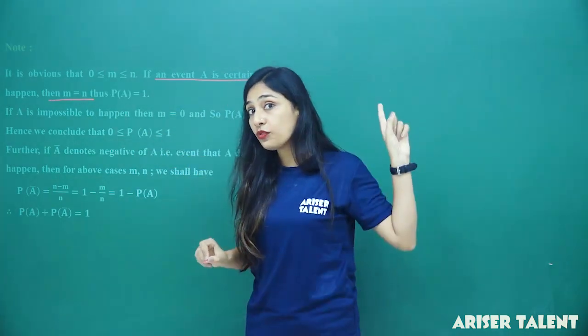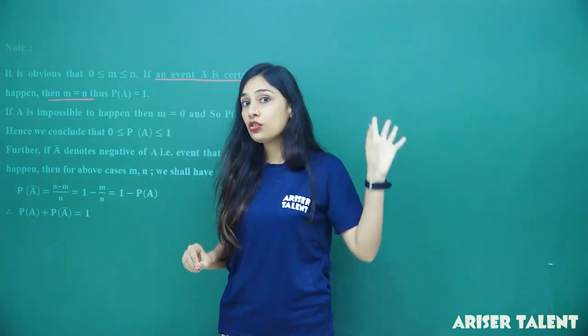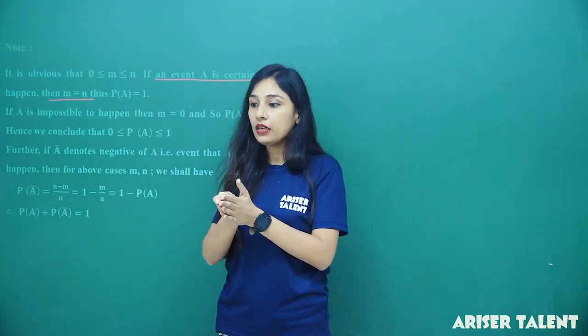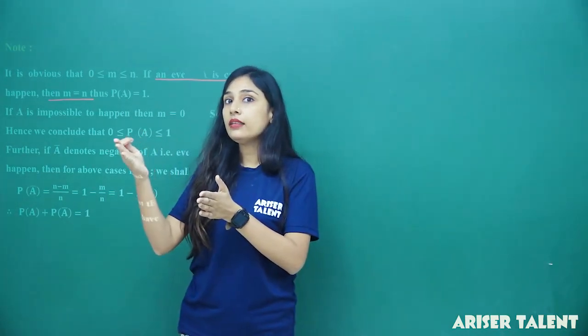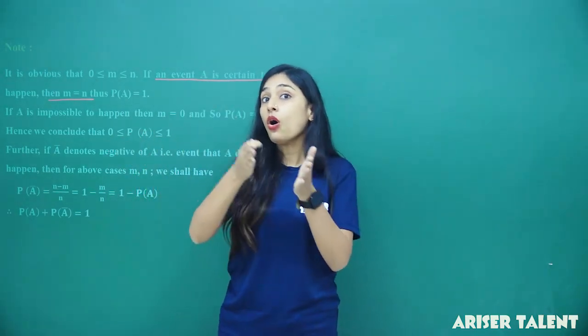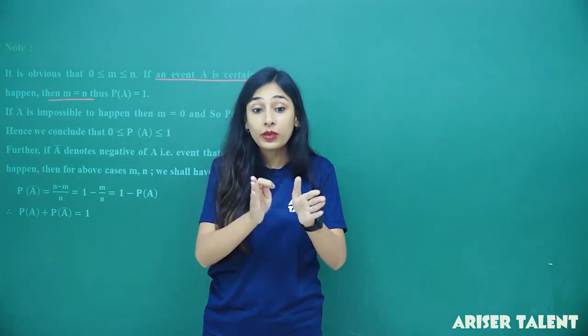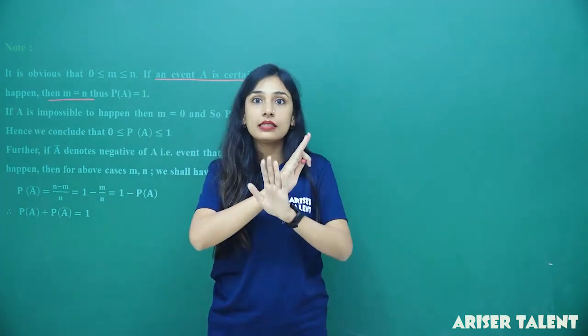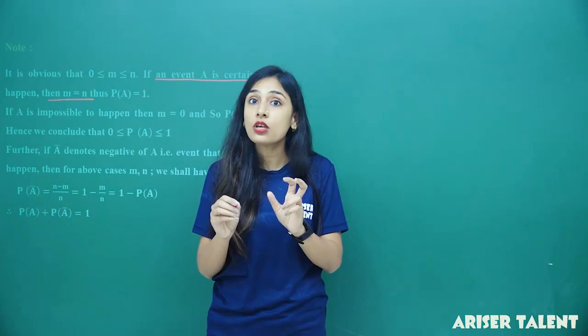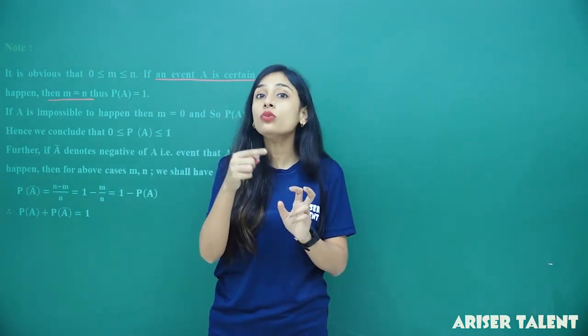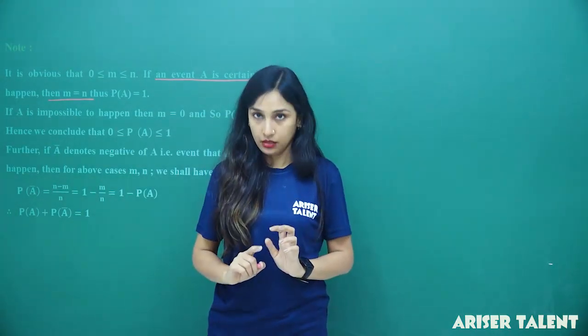Like in the case of dice, when we have to get a number less than 6 or equal to 6, that particular event has to happen, because there is nothing on the dice which is not equal to or less than 6, right?